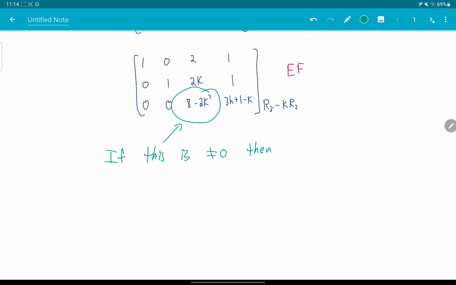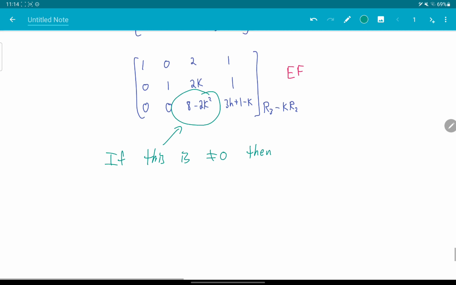I could divide the third row by 8 minus 2k squared. I would obtain a 1 right here. So hopefully you agree I can obtain a 1 right here. And then what does that mean? I can create zeros up above and get a unique solution.